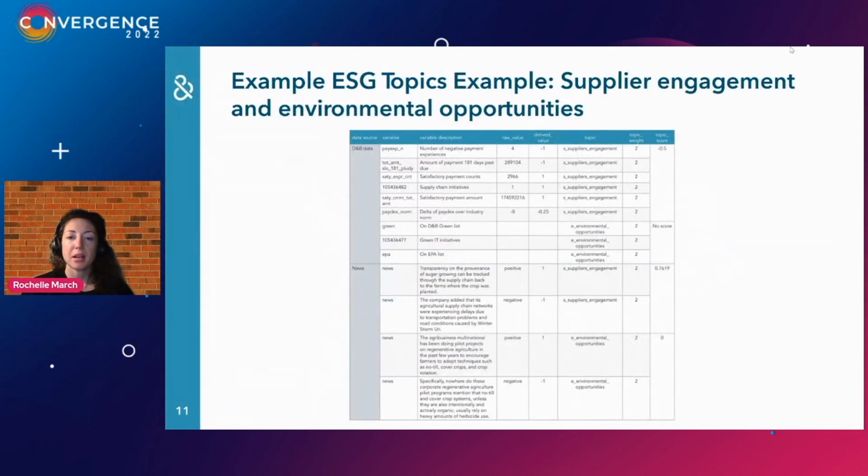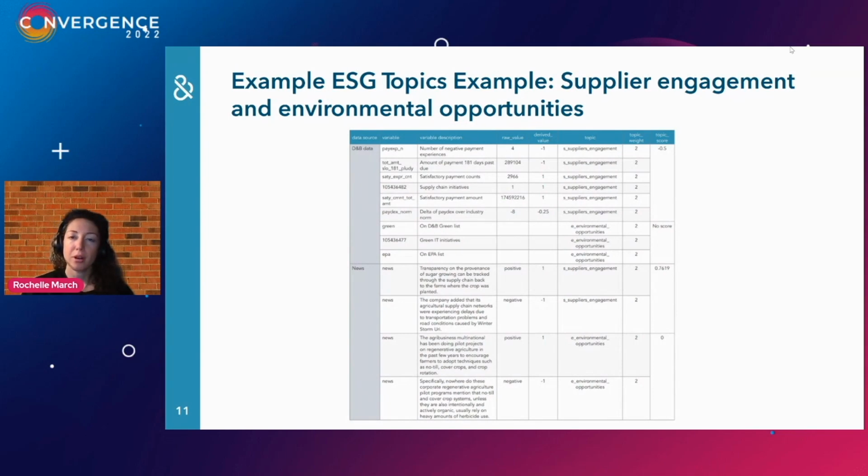This is a topic example, a little bit hard to see, but what's helpful about this is that there are two different types of variables, more or less. We have numeric variables, or those that are either discrete or continuous, and then we have textual variables, qualitative information that we use NLP on, for example.